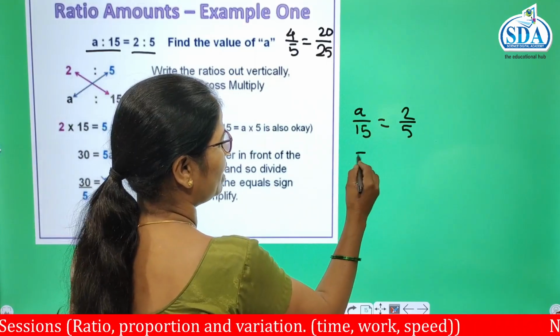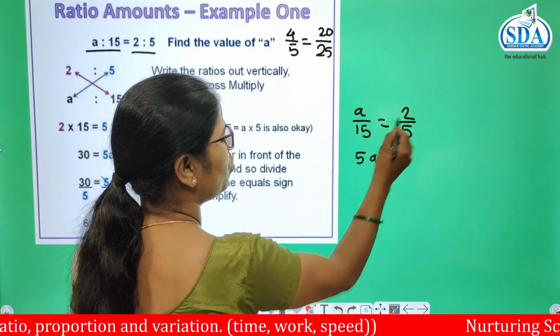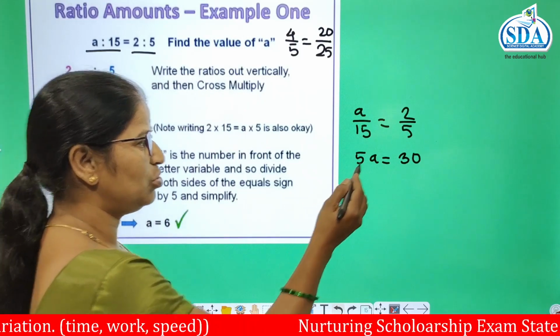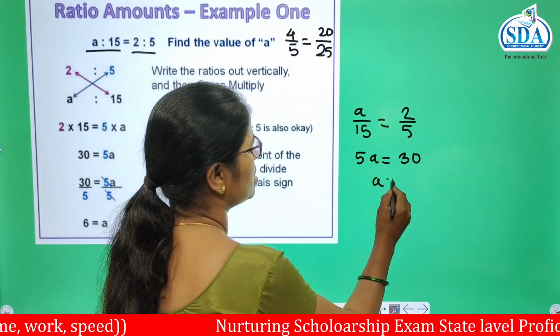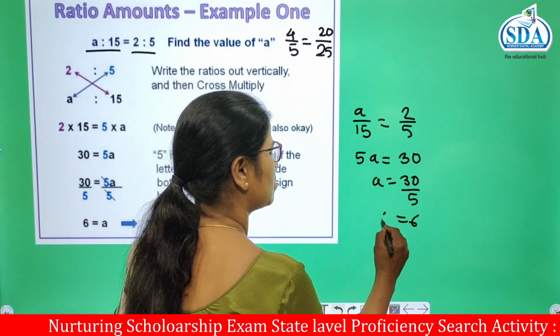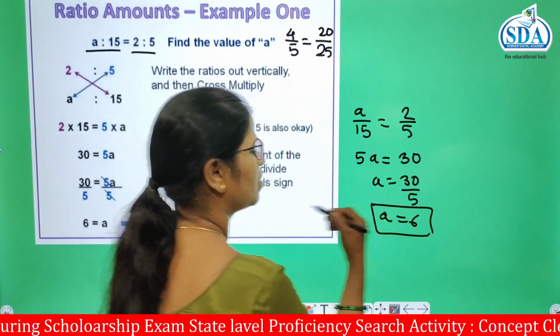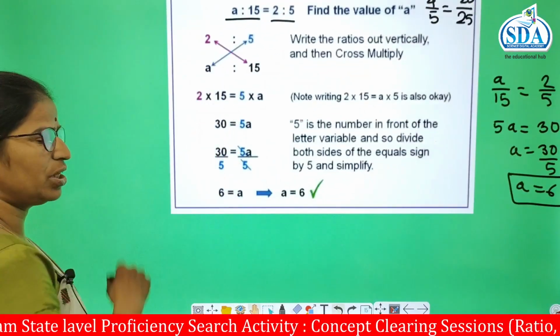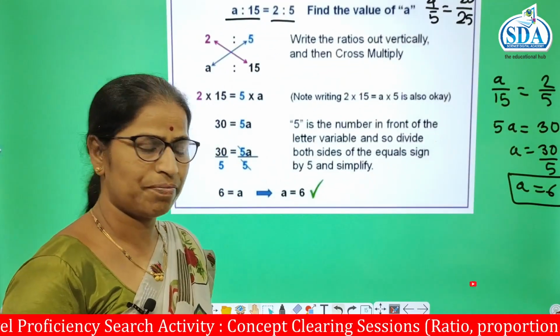A into 5, that is 5A, is equal to 15 2s are 30. 5A is equal to 30. Therefore, A is equal to 30/5 is equal to 6. So, the value of A is equal to 6. Here there is a solution given step by step.